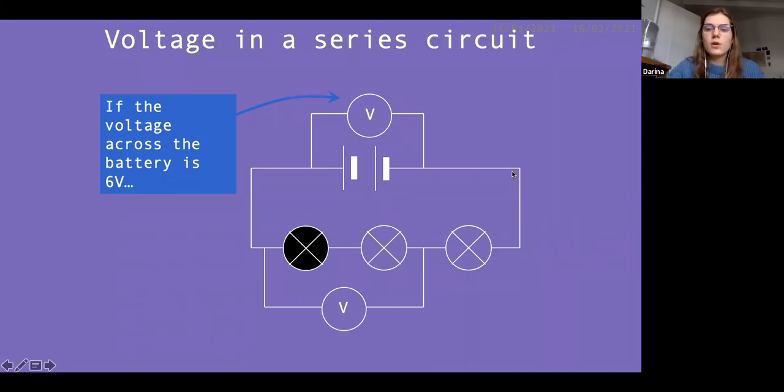So if you want to have a go, remember we calculated previously that the voltage across each component was 2 volts. What's going to be the voltage across the two components? I'll give you just half a minute to think about that.